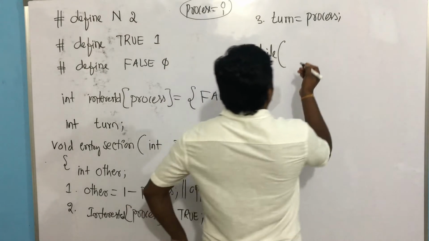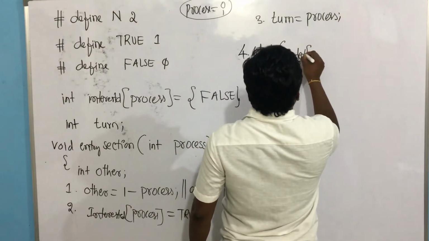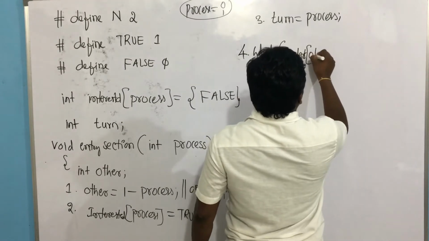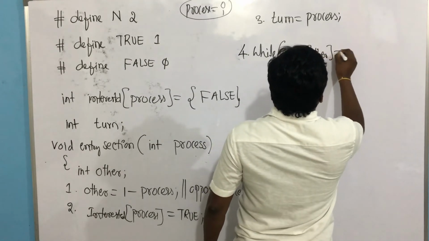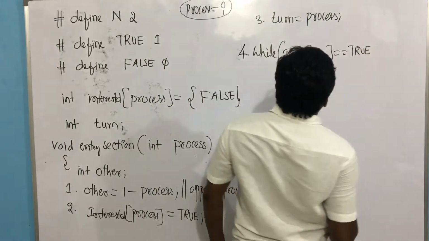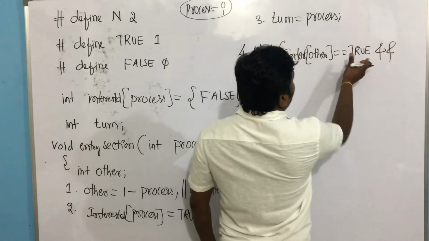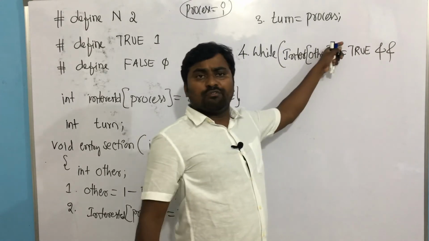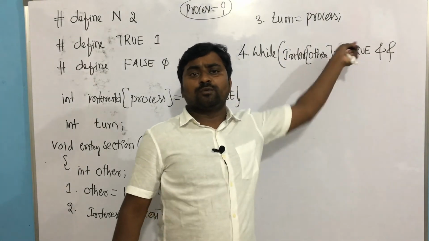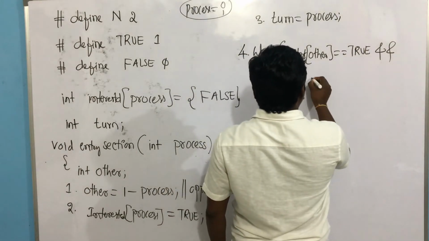Look at this, I am writing: interest of other equal to true, and turn equal to process. If interest of other equal to false, then definitely the interested process is going to use the critical section.